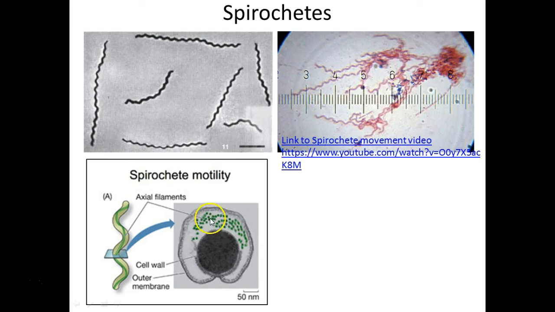And again, they colored what they wanted you to look at to match their drawing. They've actually engineered spirochetes to not have these axial filaments, and they just become these long rods. So that shape is determined by these axial filaments. And their ability to have this unique movement, where they corkscrew through their environment, is due again to these axial filaments.